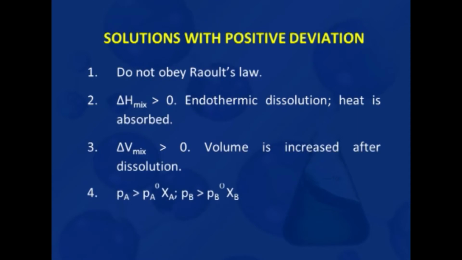Pa is greater than P naught A x A and Pb is greater than P naught B x B. Here Pa is the partial vapor pressure of solute and Pb is the partial vapor pressure of solvent. Therefore, Pa plus Pb is always greater than P naught A x A plus P naught B x B.